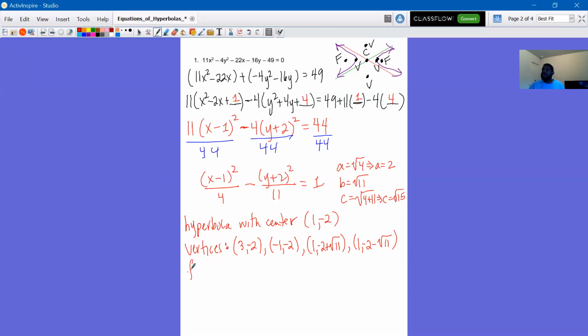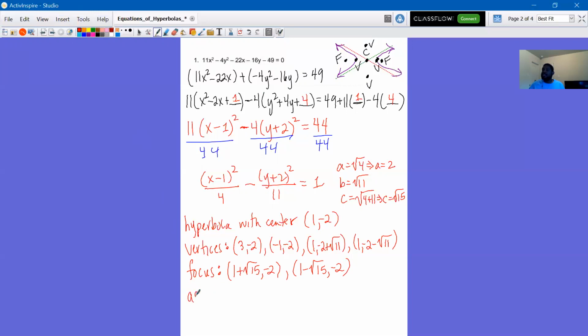Then our focus points, remember they're always c units from the center. So we're going to add c to the x-coordinate of the center. So that's 1 plus square root of 15, -2. And then we're going to subtract c from the x-coordinate of the center, which is 1 minus square root of 15, -2.